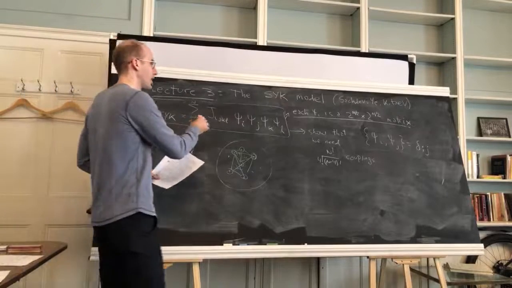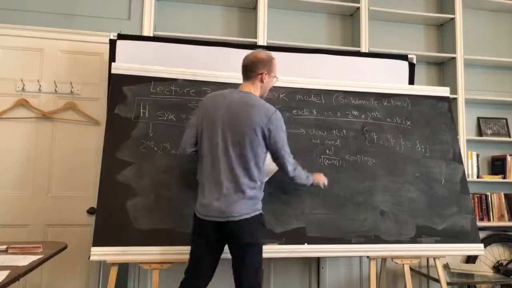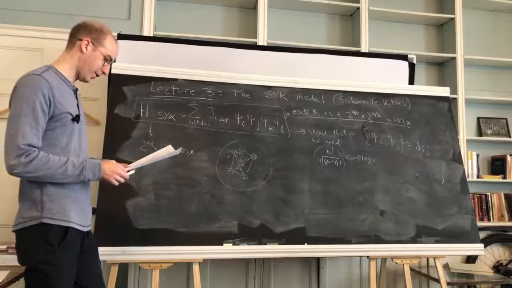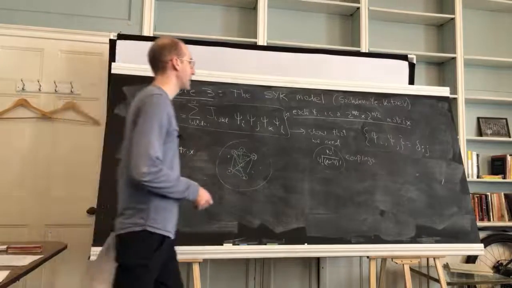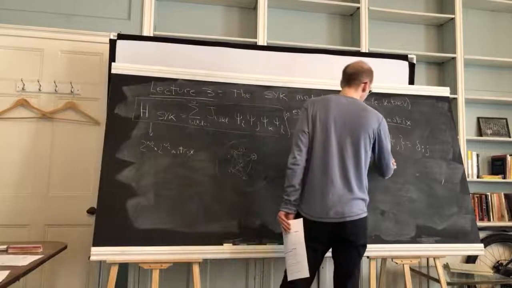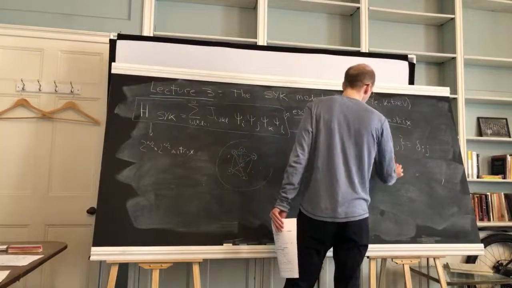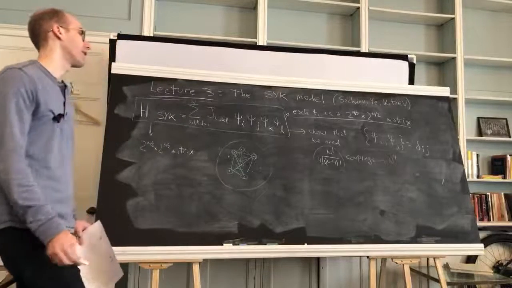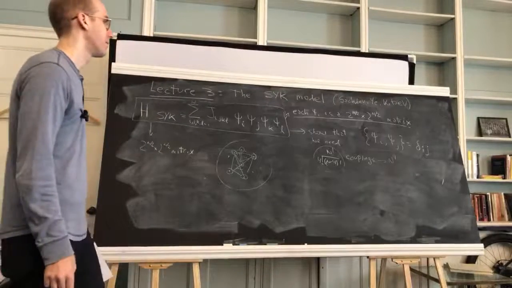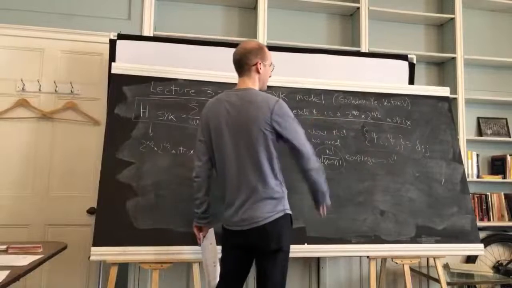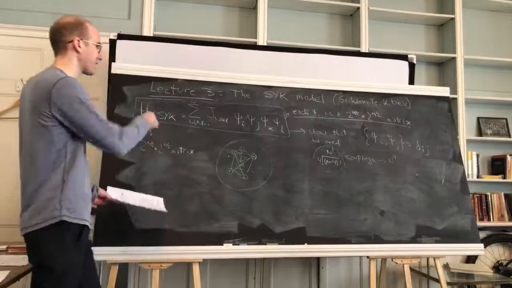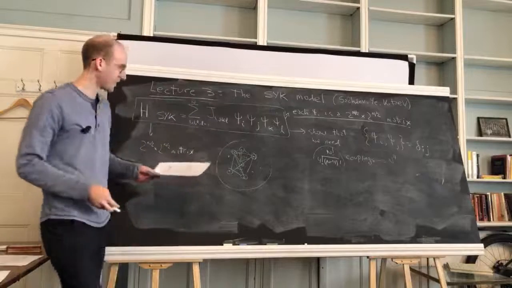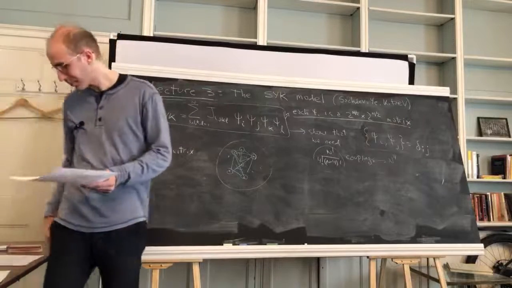So there's only this number of independent couplings in the theory. And again, if you take the large n limit, this scales as n to the 4th power in this case. And this is a power law. It's still bad when n is large, but not as bad as exponential. So the problem will not be choosing the couplings in this case.